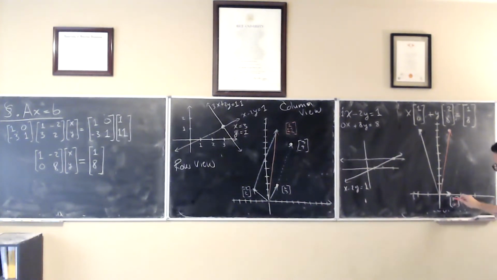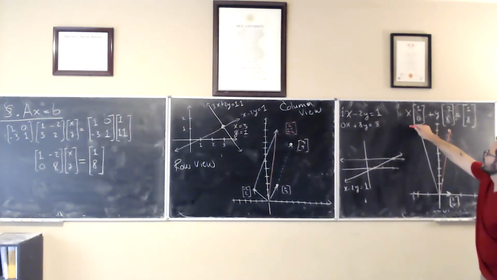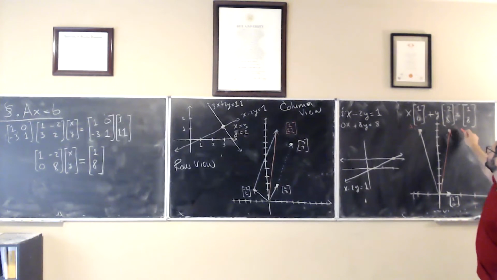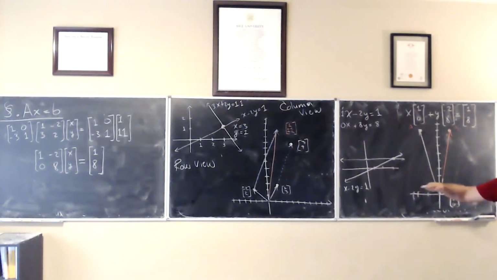Look at what type of vector this is. I'll call this A1, and this would be A2. First column, second column. This column here has no y value. So however I scale this vector, it's just going to go along the x value, right?